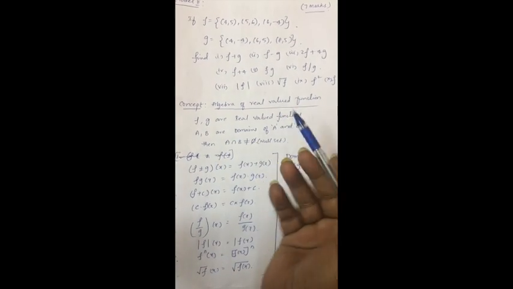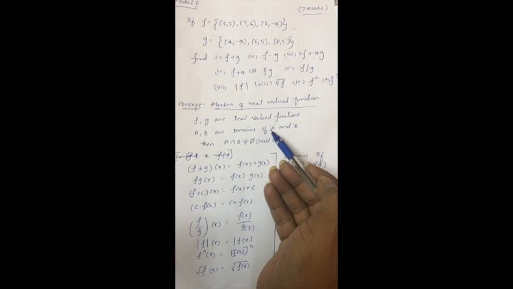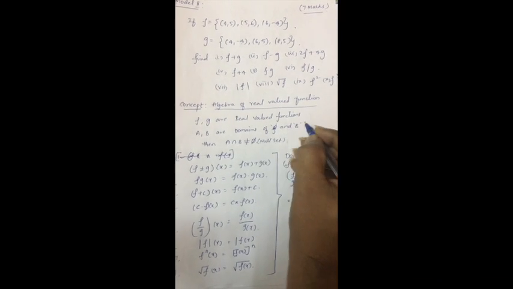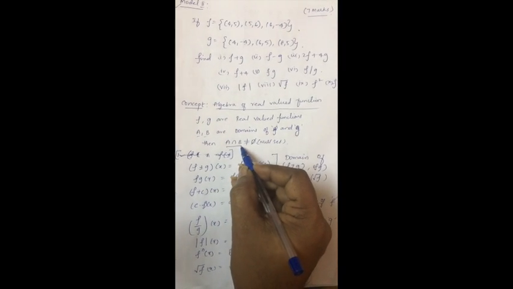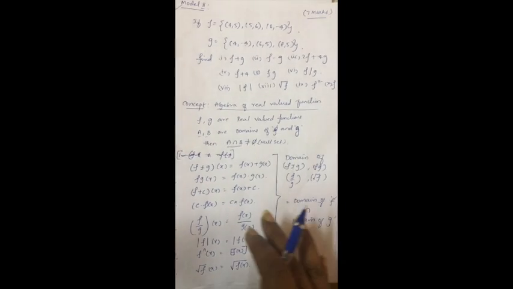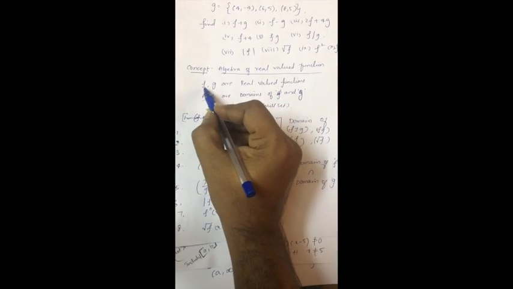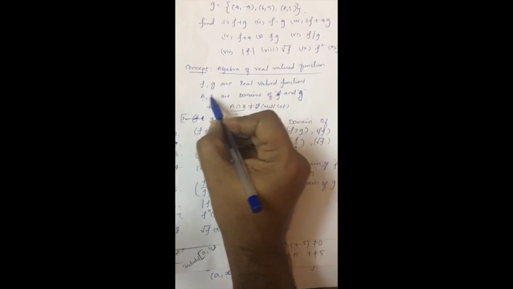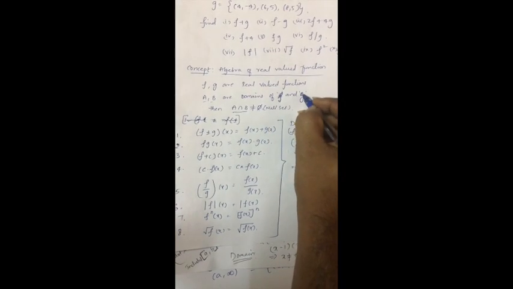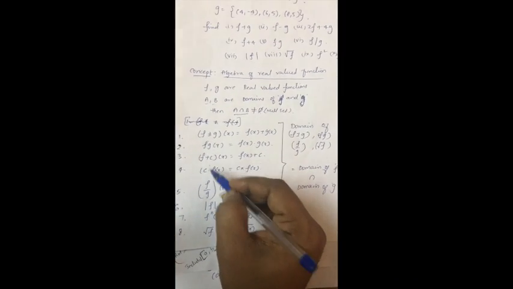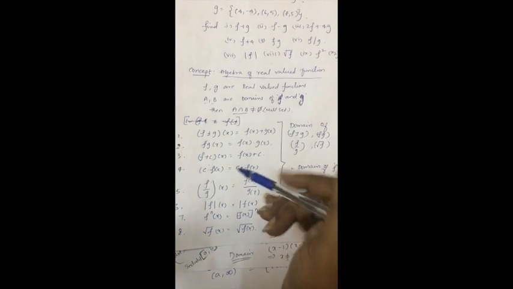If f and g are real valued functions and a and b are domains of f and g, then a intersection b is not the null set. So always remember, f and g are two real valued functions and a and b are domains of f and g.